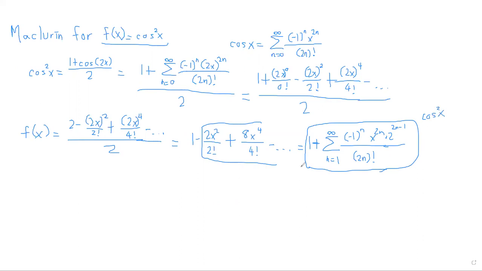And you can verify this for yourself right here. It's equal to 1 because the 1's right there. Minus, okay, so let's see, minus x squared, 2x squared over 2 factorial.